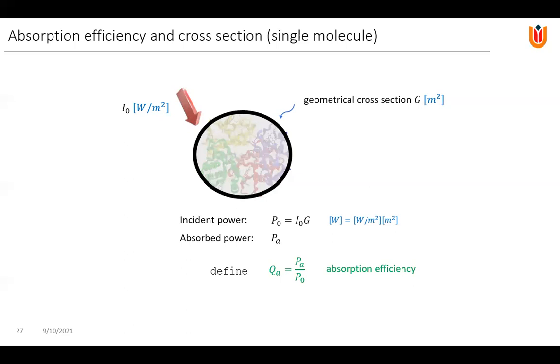Not very surprisingly, it is called the absorption efficiency, QA, and it is defined as the ratio of the absorbed power over the incident power. It is dimensionless, and tells how efficient an absorber the molecule is.